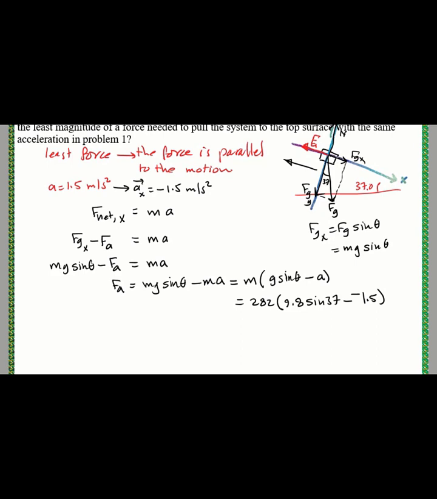Use the calculator to find the answer. It is 2086. If we round it to 3 digits, it will be 2090 newtons.